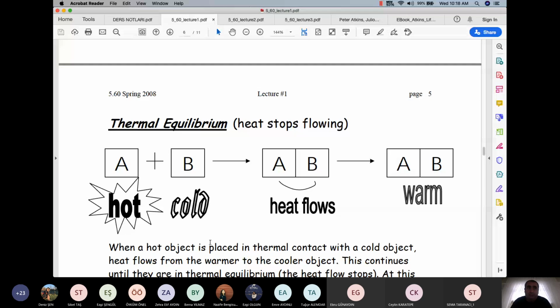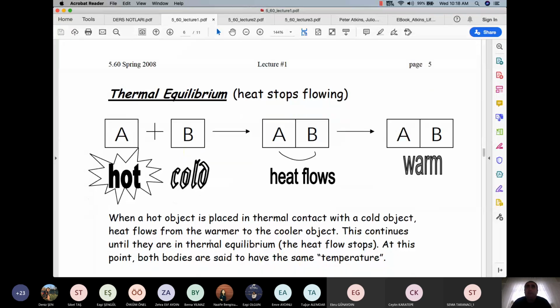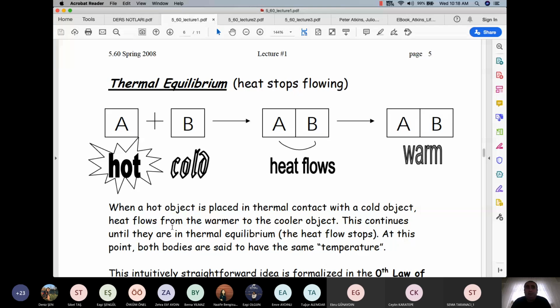So the zeroth law of thermodynamics talks about thermal equilibrium. A hot object is in touch with a cold object. Heat flows from hot to cold. Okay, heat flow from hot to cold is one direction, and this is actually an irreversible process.